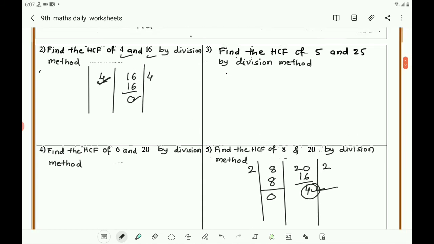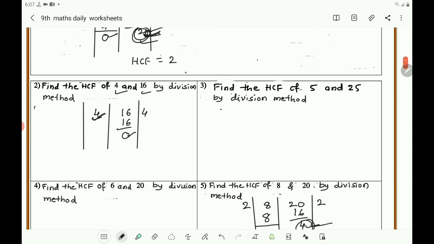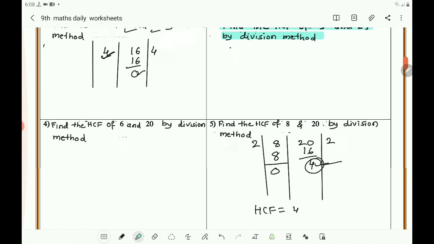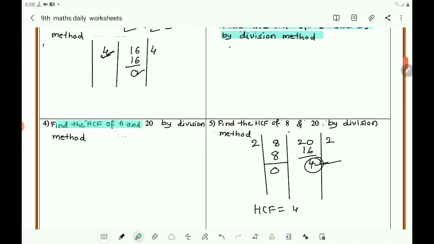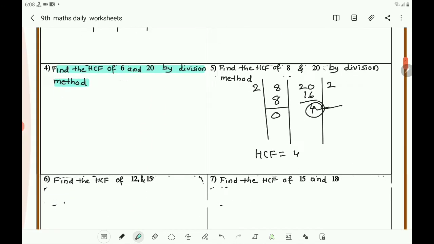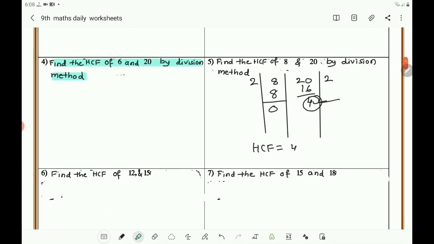Next, find the HCF of 5 and 25 by division method, and also find the HCF of 6 and 20 by division method. Then find the HCF of 12 and 15 by division method.